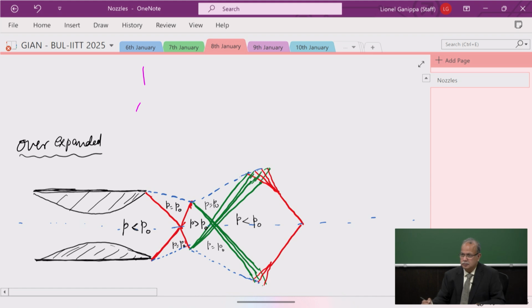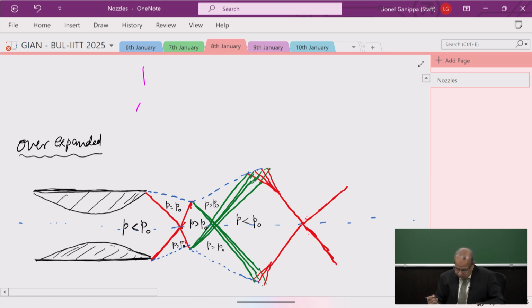These oblique shocks will intersect, and they will not go in the same line, but they will bend. That bending depends on the flow conditions, the complex phenomena here.